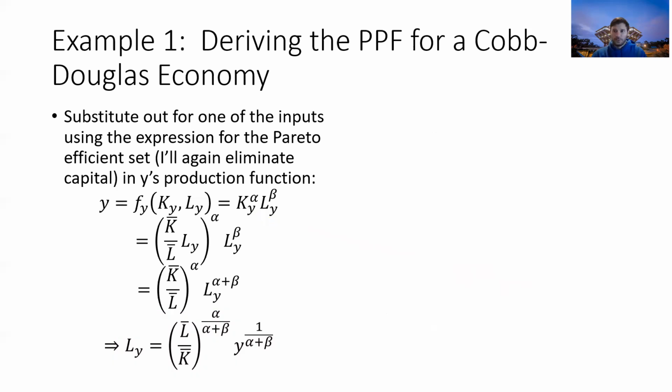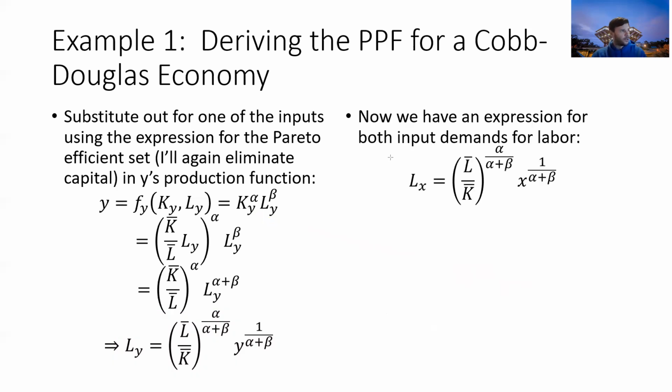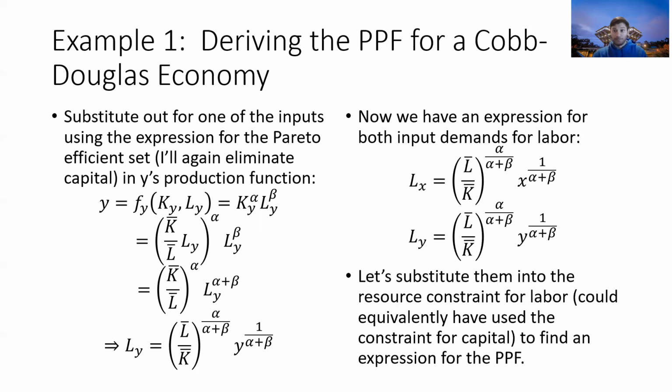Okay, so at this point, we have both input demands. These are the input demands for labor, conditional on the level of output, X and Y. In order to generate the PPF, all we're going to do is plug these into the resource constraint for labor.